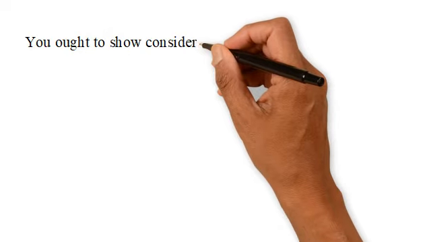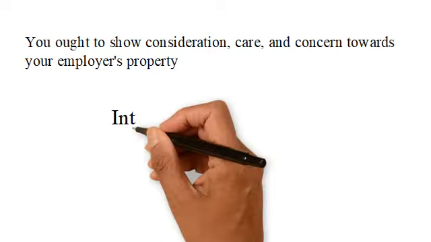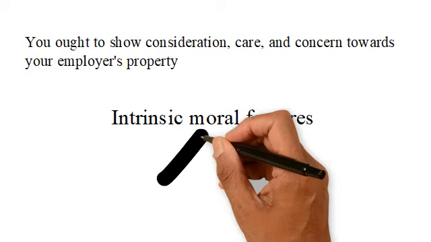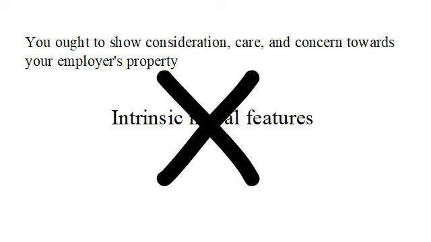It is true that you ought to show consideration, care, and concern towards your employer's property, but that is only because that is what is required of you to show consideration, care, and concern towards your employer. It is not wrong to throw the computer out the window because of any intrinsic moral features that the computer actually possesses.